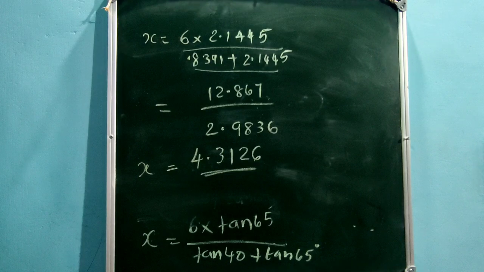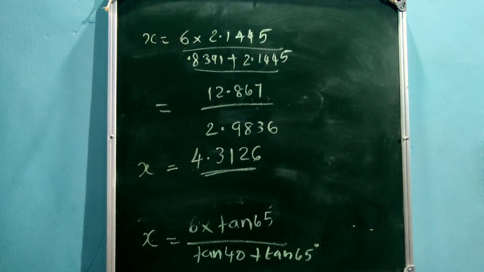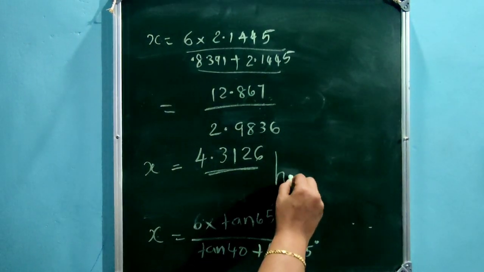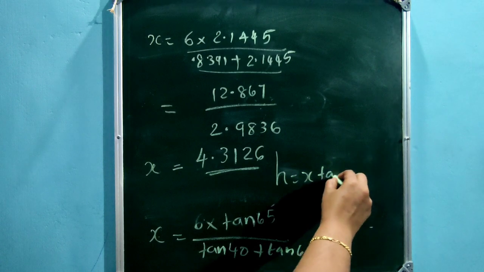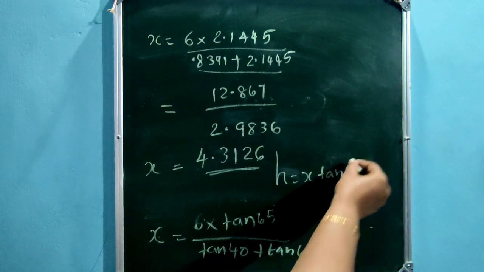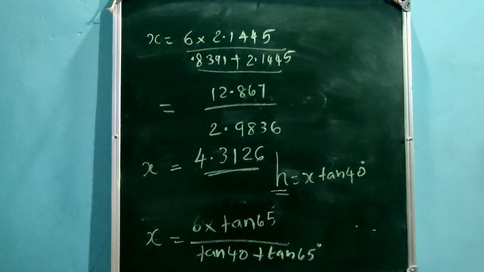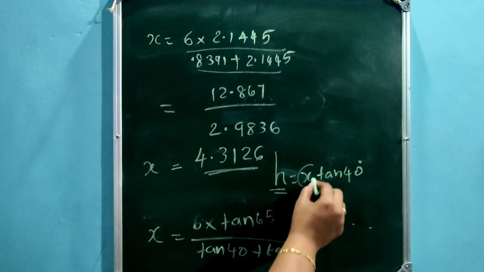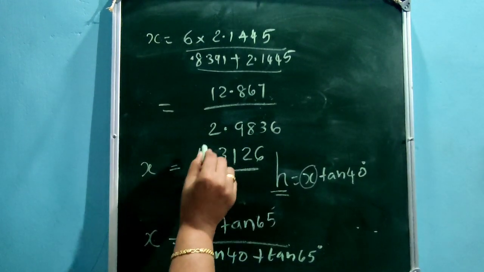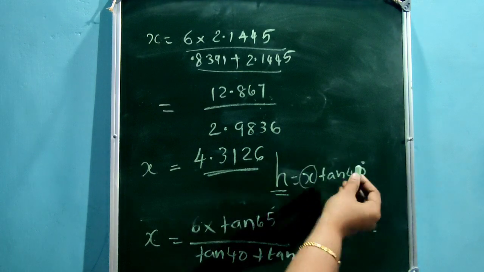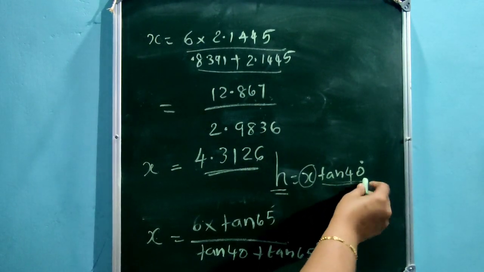Okay, in the beginning we have an equation. What is that equation? h is equal to x tan 40. We need this h, right? So just substitute x here. What is x? That is equal to 4.3126, and substitute the value of tan 40 also here.